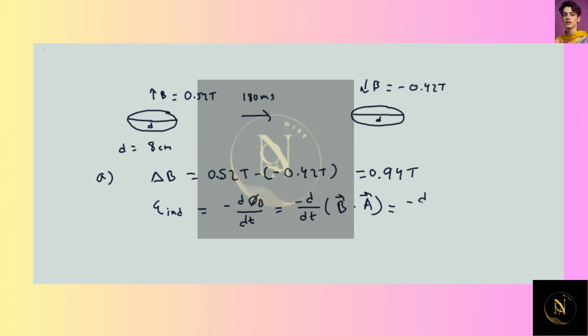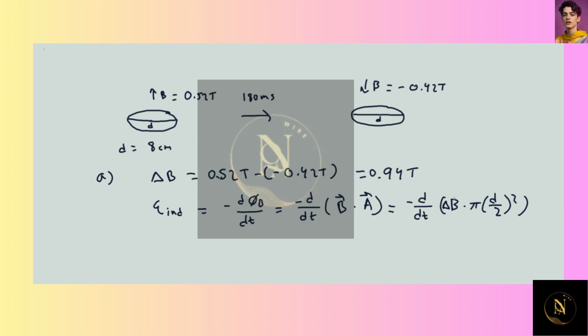So this EMF induced is equal to the rate of change of B, delta B, magnetic field strength, times pi r squared, where we're given a diameter, so I'm simply going to divide that by 2 to find the radius.